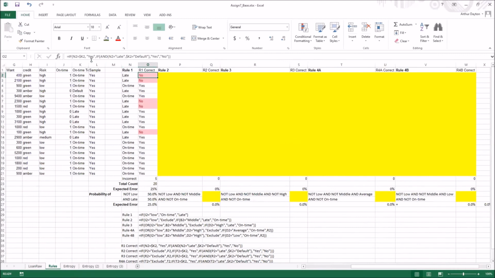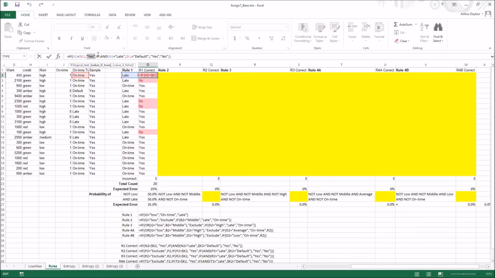So the one little wrinkle we have here is we are treating default and late as equal. So all I've done here is said, hey, if our predicted value is equal to the actual value, then we have correctly predicted it, so we'll say yes.